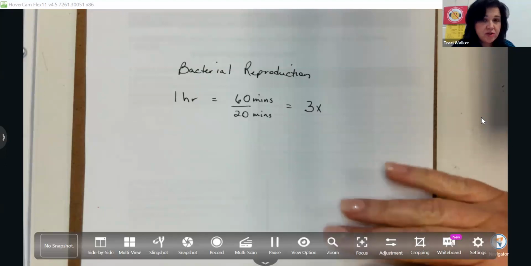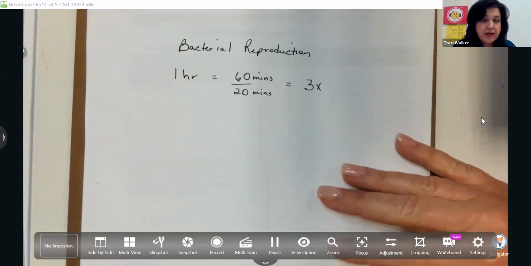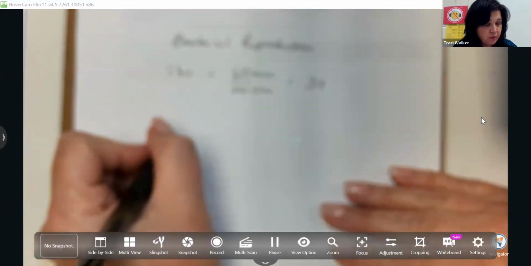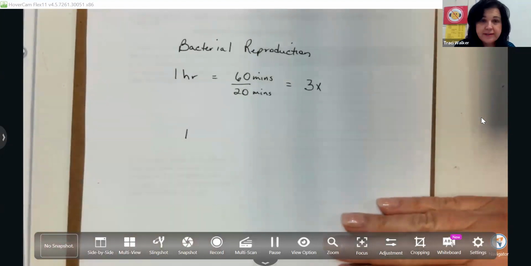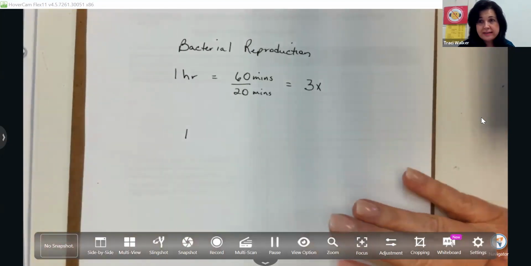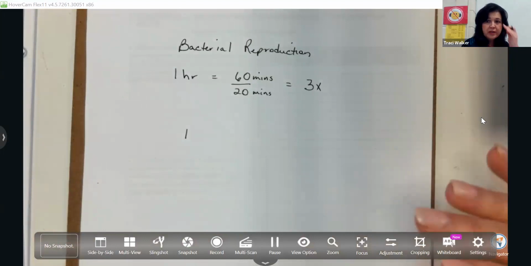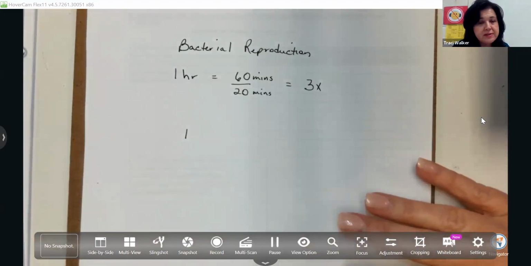Okay, so if we have a bacterial population and we just have one bacteria cell, you can't even see it. You would need a microscope to be able to see it.